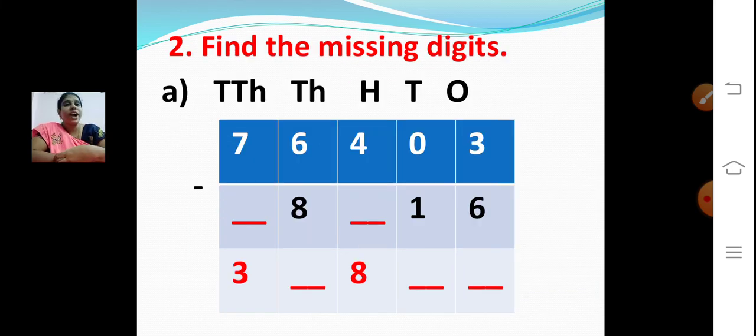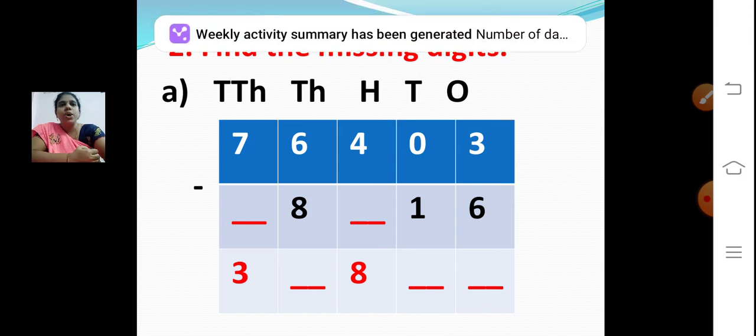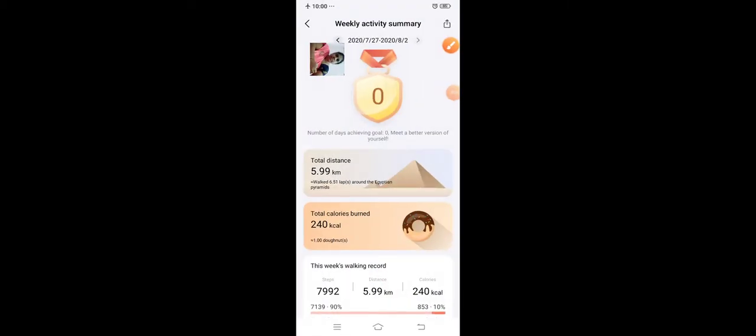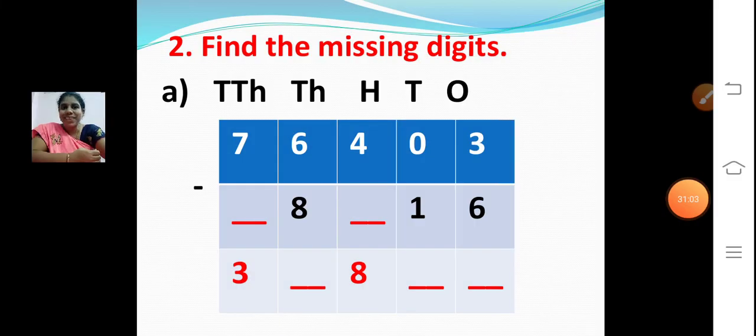Second one, you're going to find out the missed out digits. I'll read out the minuend: 7, 6, 4, 0, 3 and dash 8, dash 1, 6.